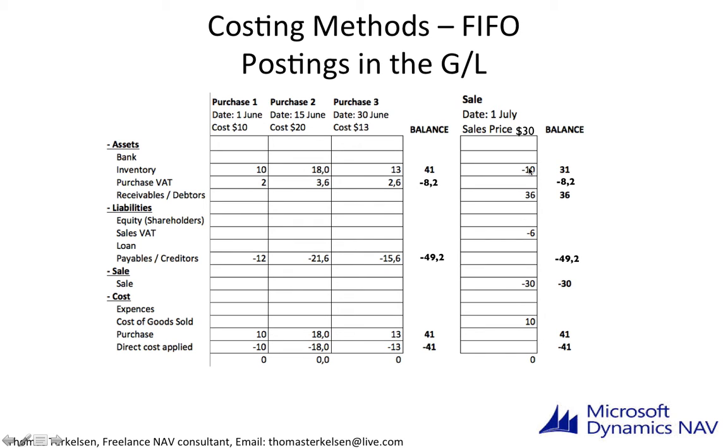So those 10 that leave our inventory have now been booked down to our profit and loss area here. And we have had a sale of 30. Keep in mind that when it says minus here, it's credit, and credit is the normal way to book into your sales section. So this illustrates that we have had a profit of 20.